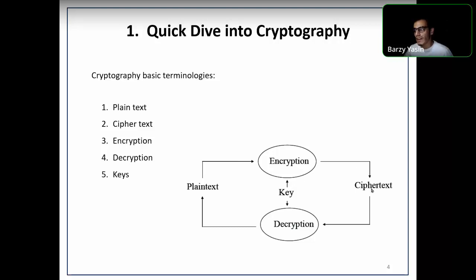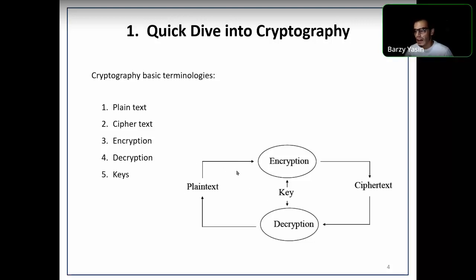And then from the ciphertext, if you want to get back the plain text, the understandable text, we can decrypt it via a decryption algorithm, with the plain text as a result.